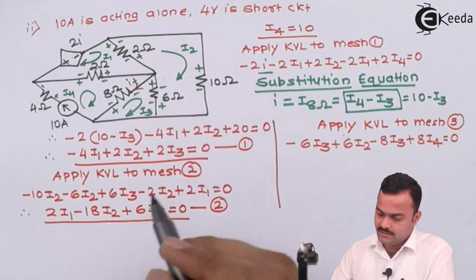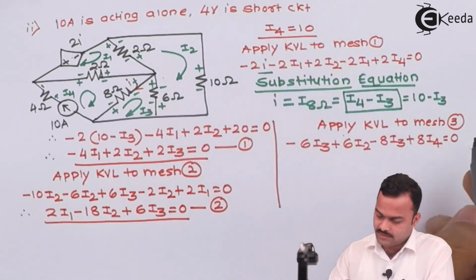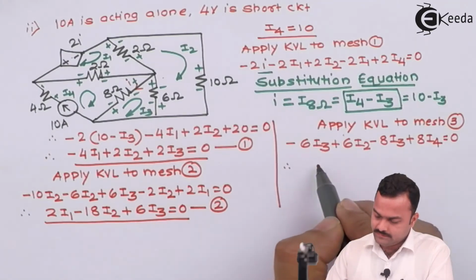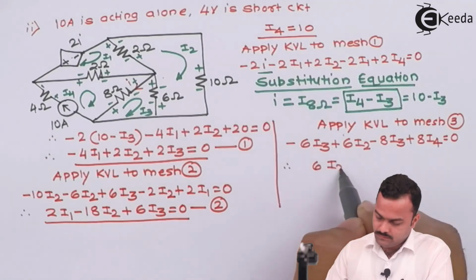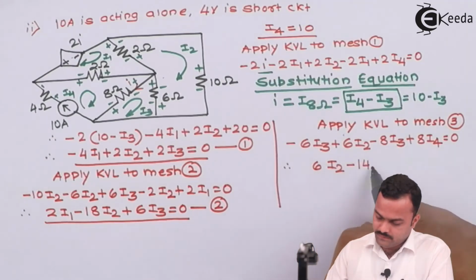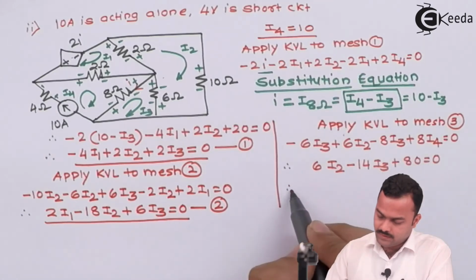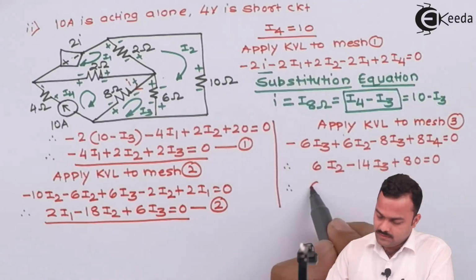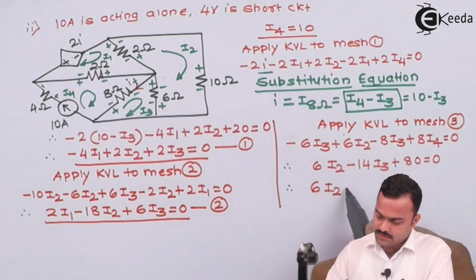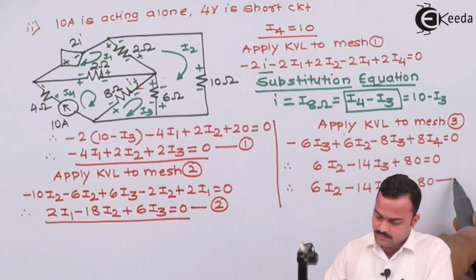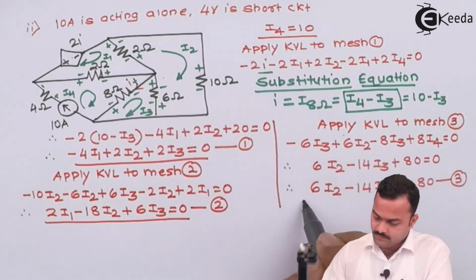As we discussed earlier, wherever there is I4, we will replace with a 10. So upon replacing with a 10 and simplifying, we will get 6I2 minus 14I3 plus 80 equal to 0. If I take this constant on this side of equation, the equation I will get is 6I2 minus 14I3 equal to minus 80 as equation number 3.